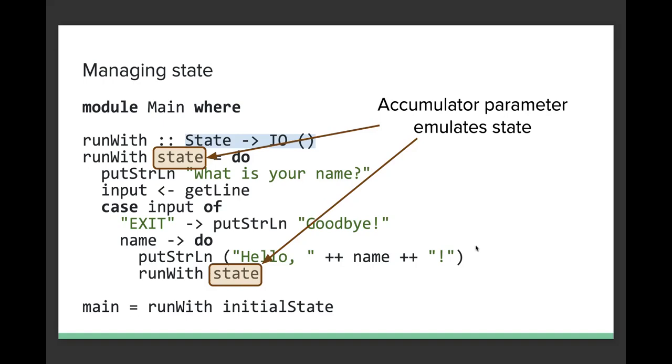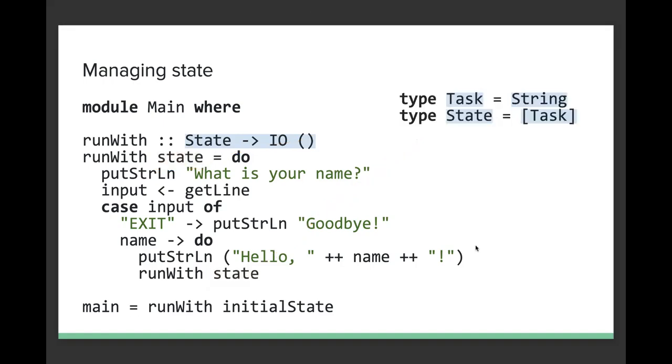Very good. And so main is now just run with some initial state. Let's introduce some context. Our state is going to be just a list of tasks, and each task is going to be represented by just a string for simplicity. But of course, you can have more complicated types if you want.